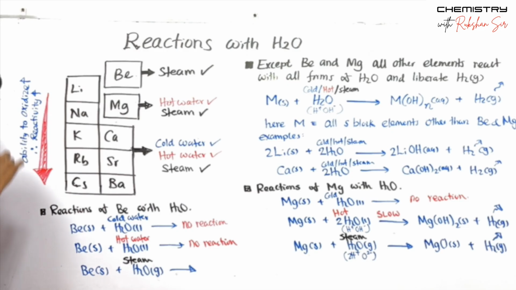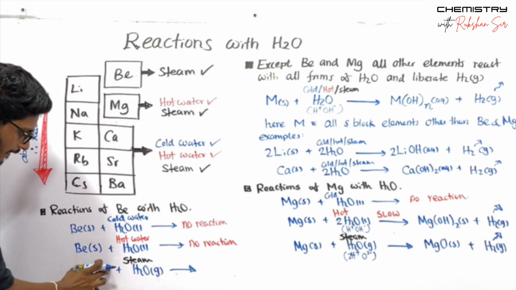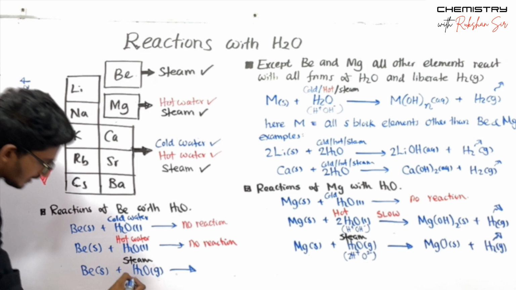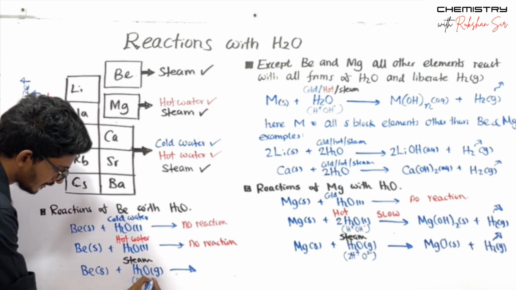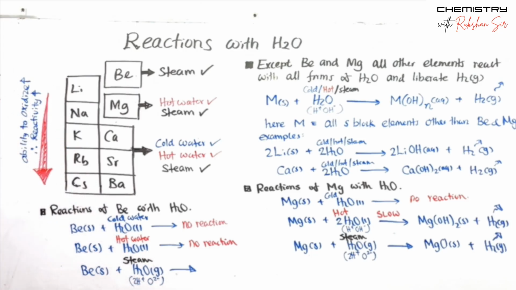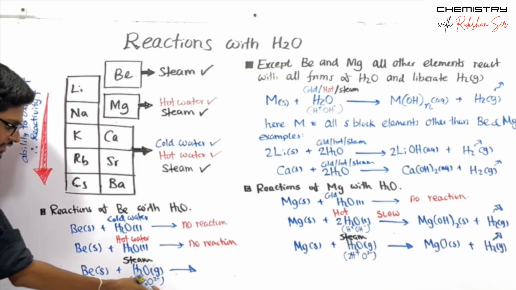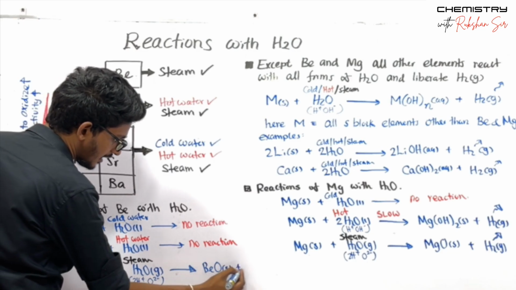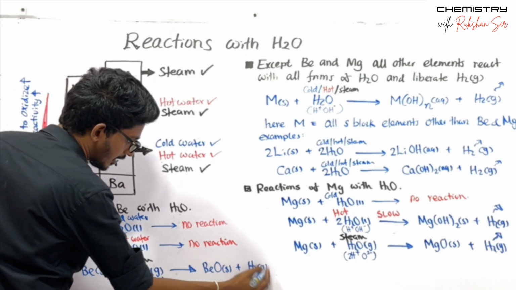So here, as steam is used with a metal with high charge dense cations, we expect H2O to break as H plus and O2 minus. So basically, high charge dense cations will prefer high charge dense anions when coming up with the products.